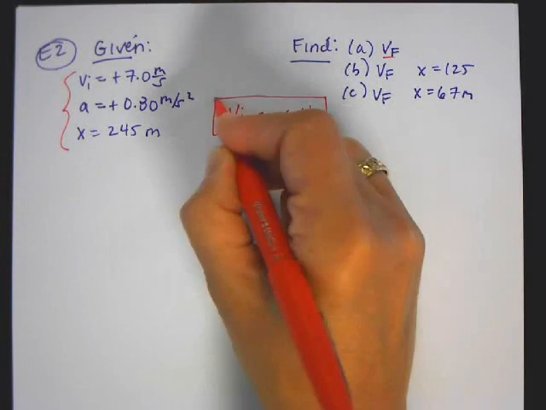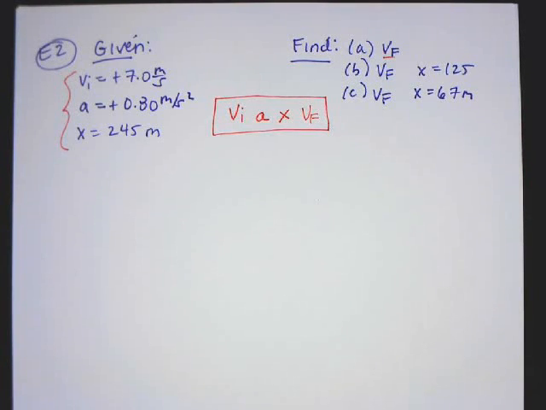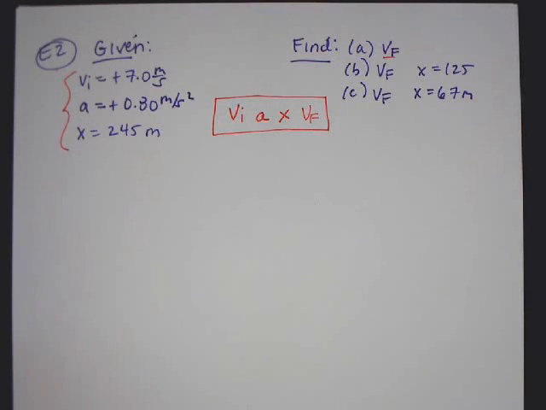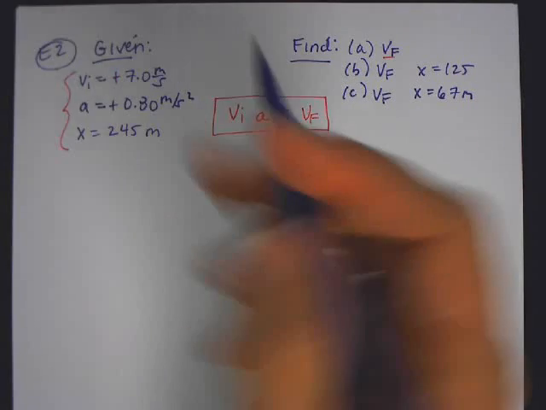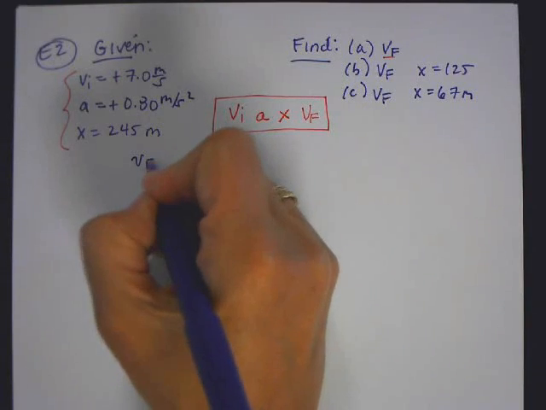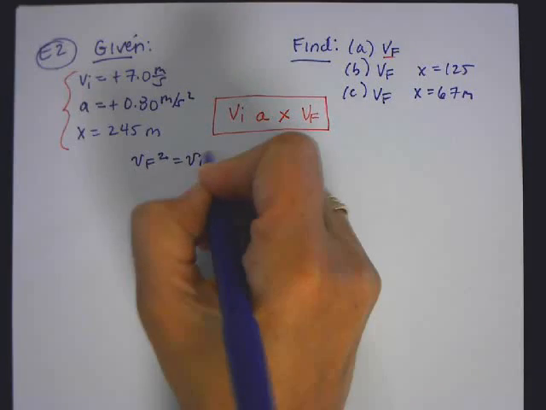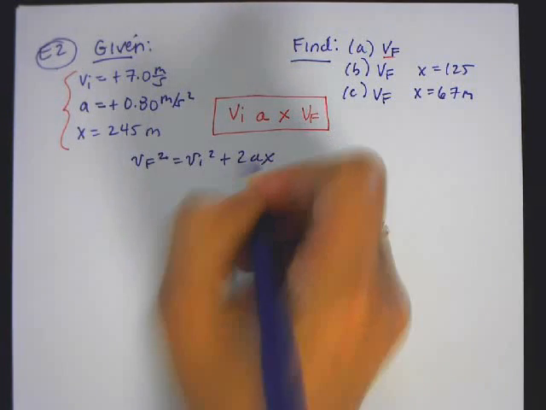So these are the four variables that I'm dealing with. Then I'm going to look at my equations and say which equation has these four variables. So the equation that has these four is VF squared is equal to VI squared plus 2AX.